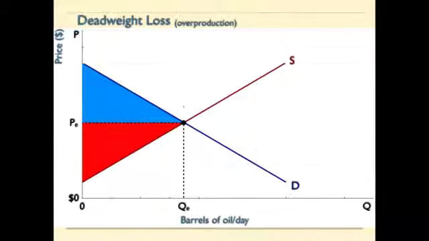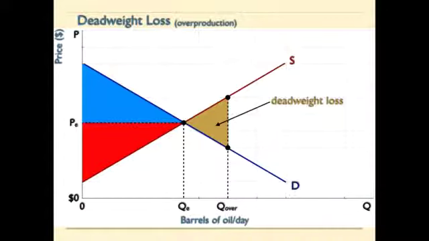We can also take a look at the deadweight loss of overproduction, producing more relative to the equilibrium output level. So we can put in an amount here, Q over, which is greater than the equilibrium amount, and the triangle created by the supply curve and the demand curve, and the dotted line representing the quantity that is overproduction relative to the equilibrium amount, is deadweight loss.